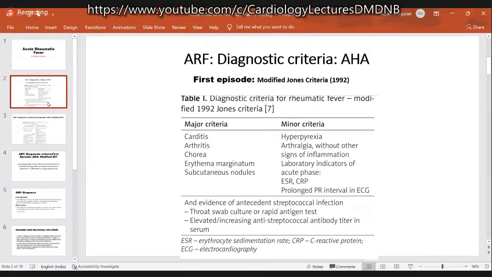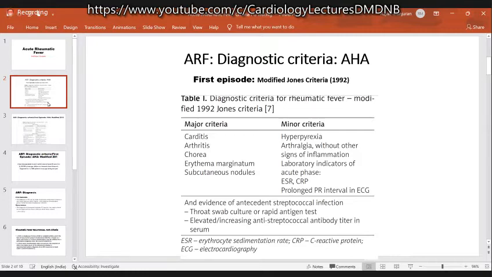If the ASO titer is negative, then what is the other antibody that you usually test? What is the next antibody that you can test? Anti-deoxyribonuclease. Yeah, anti-DNase is the next.